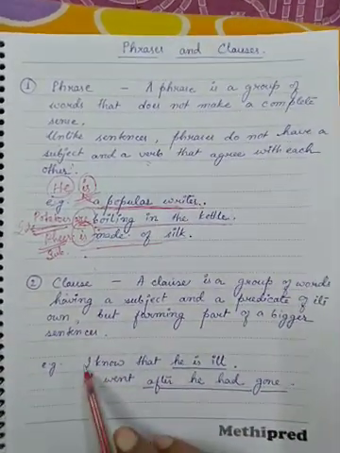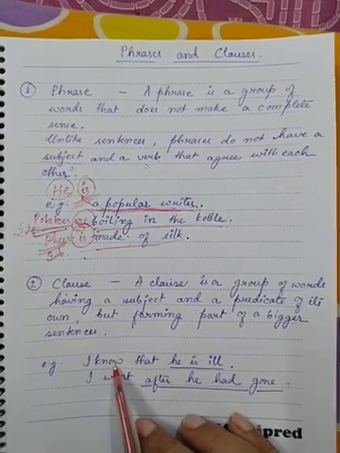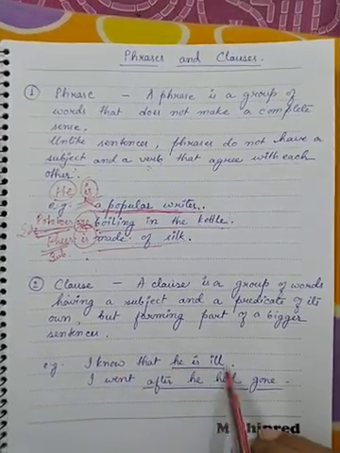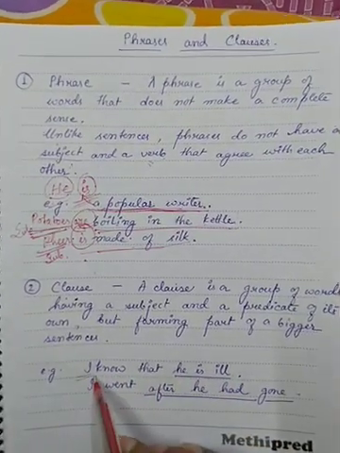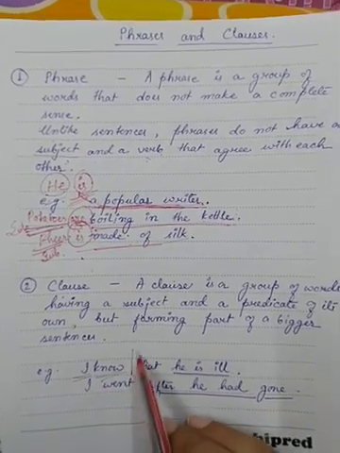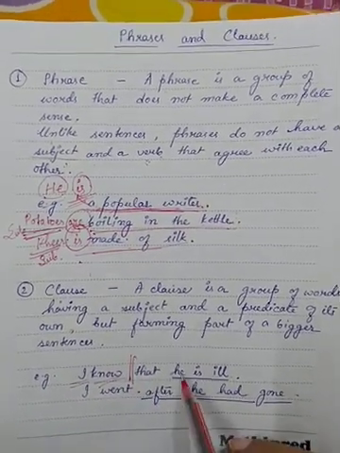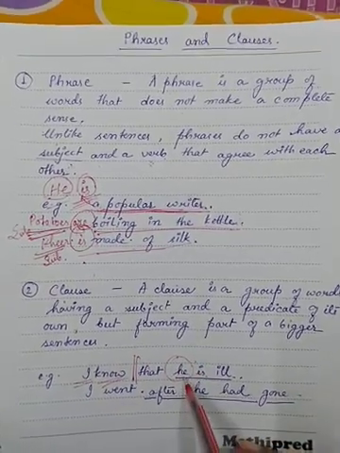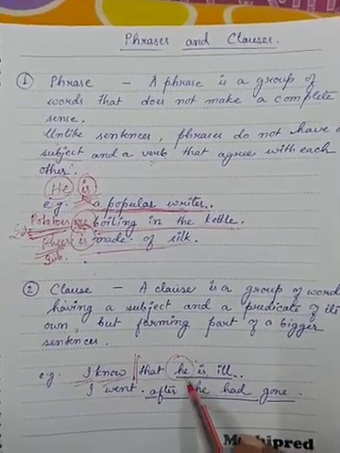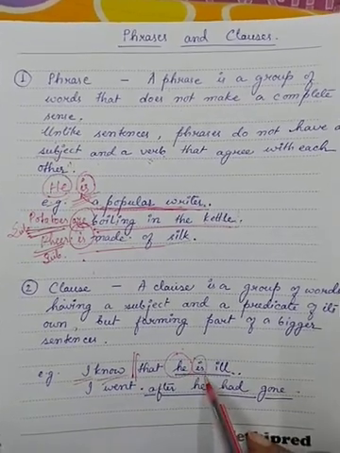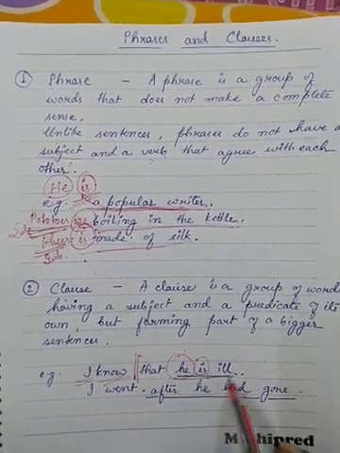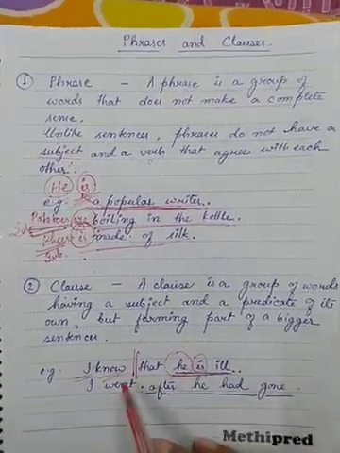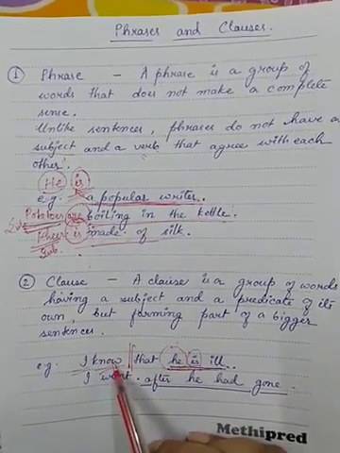For example, I know that he is ill. I know. Here I is the subject, know is the verb. So this is one part. He is ill. Again, this is another part of the sentence. He is the subject, is the verb, ill. So this part is a clause of the previous part of the sentence.